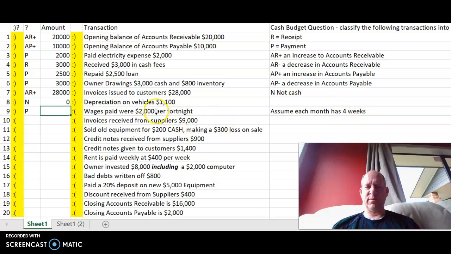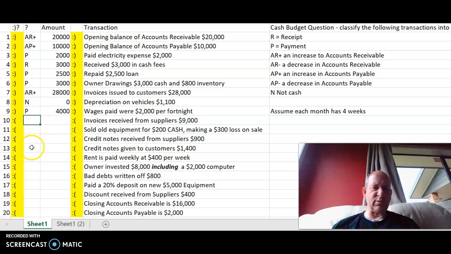So fortnight, that'll be 2 fortnights. So you're going to write 4,000 there. That's 2 weeks in a fortnight. Right, what I'd like you to do is go through and do the rest using these symbols. You've got AP minus, AP plus as well, and get the numbers, and pause the video when you're finished and you'll see my answers will be up for you.